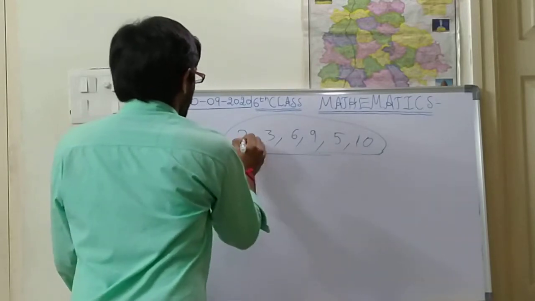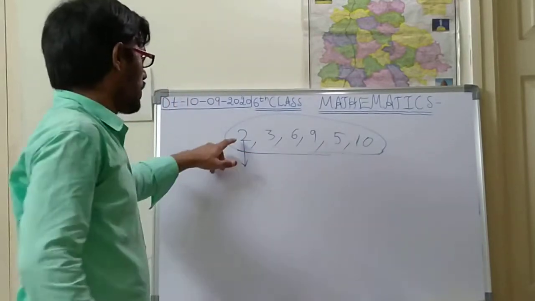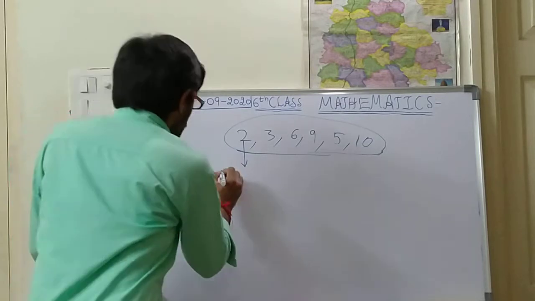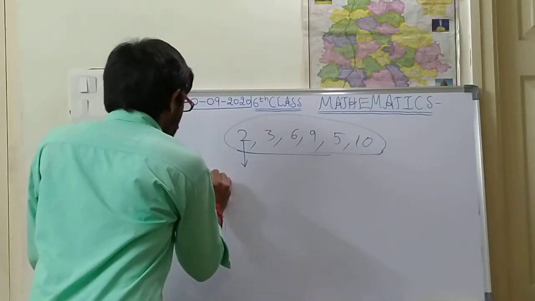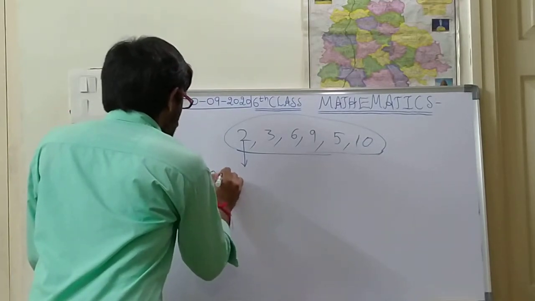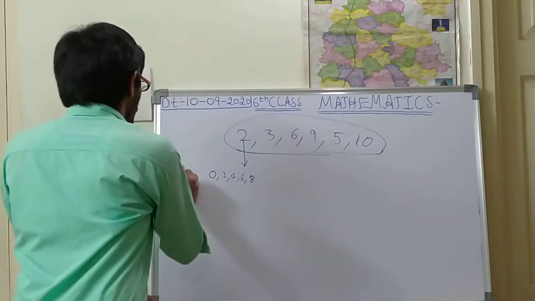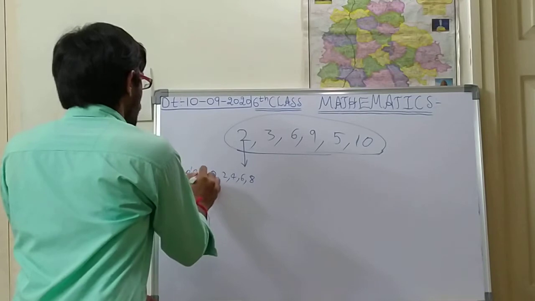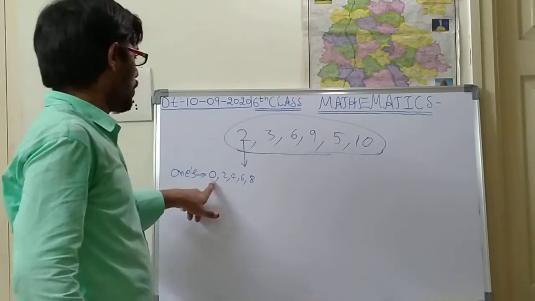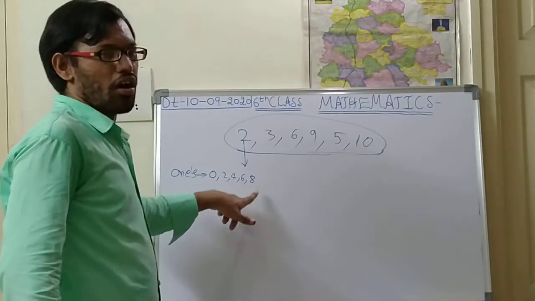Suppose for the number 2, what do we have to see? We have to see the ones place digit, which should be either 0, 2, 4, 6 or 8.